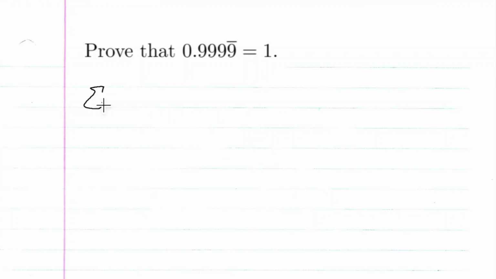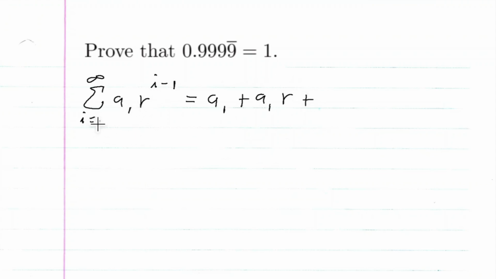We know that the series from 1 to infinity of a sub 1 times r to the i minus 1, right? So this is, of course, equal to a sub 1, because if we plug in 1 here, it's going to be r to the 0, which a sub 1 times r to the 0 is just a sub 1, plus the next one would be a sub 1 times r, because it would be 2 minus 1 here, so that would just be 1, and it would be a sub 1 times r.